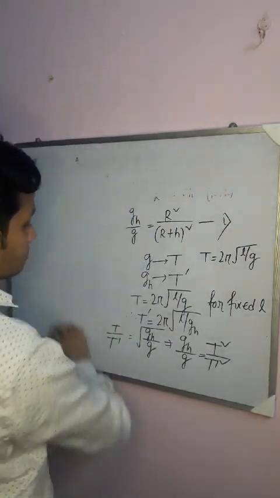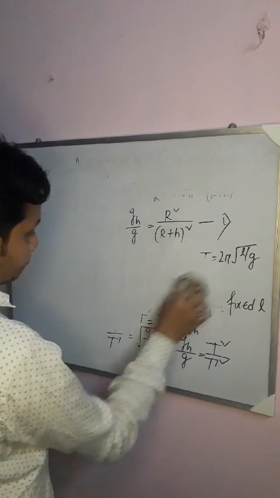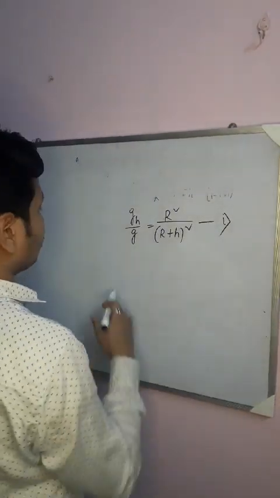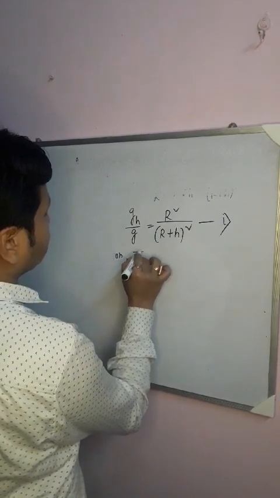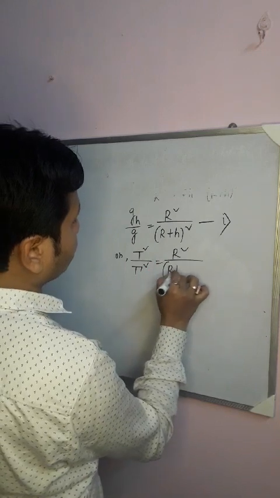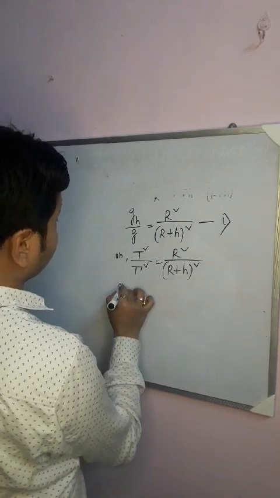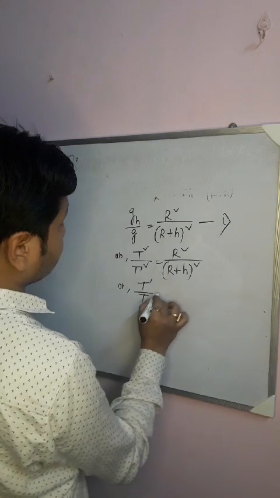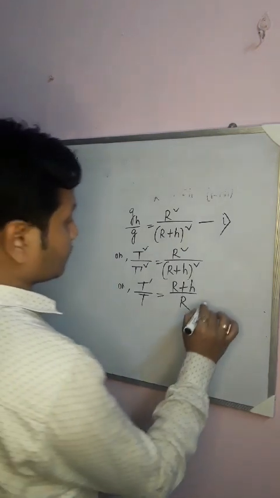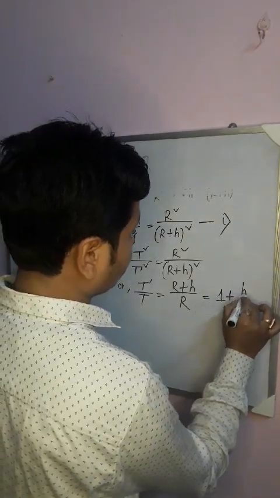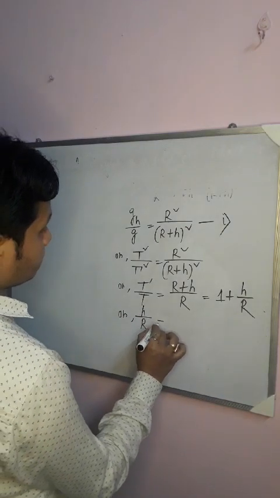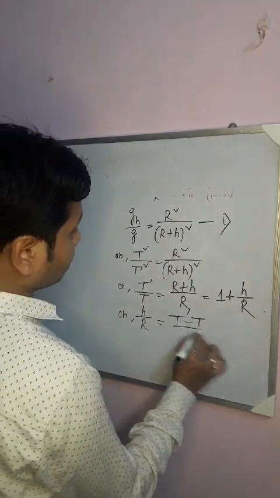T²/T'² = R²/(R+h)². So simply T'/T = (R+h)/R. Fine, so this is simply 1 + h/R. So h/R = (T' − T)/T.